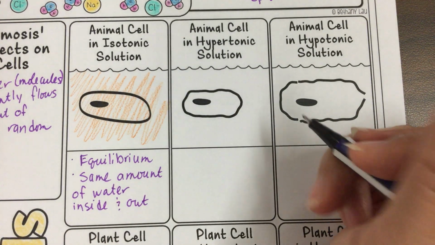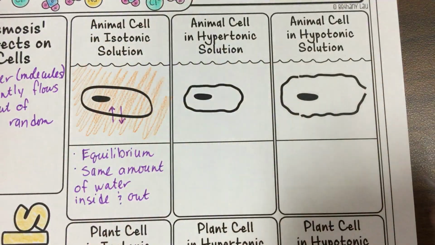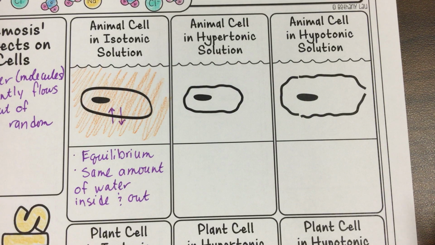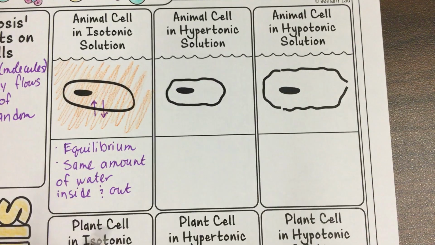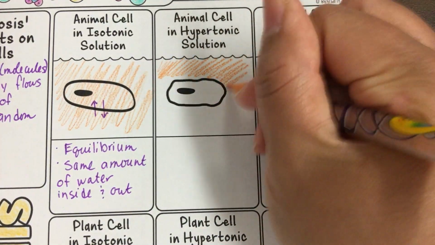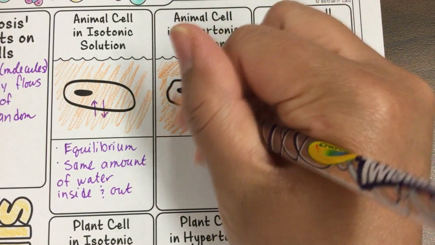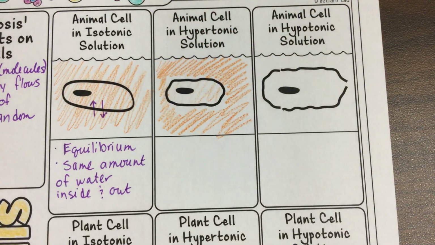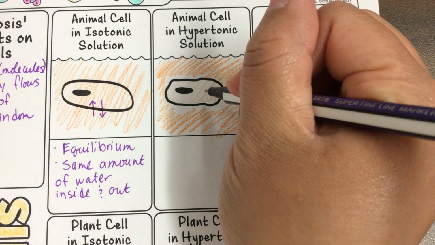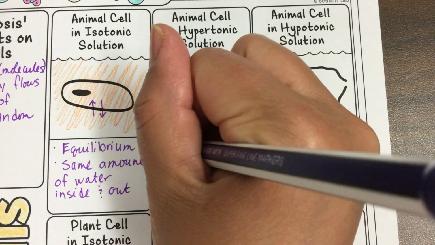And so because of that, my water molecules are going to be moving in and out consistently. So I can also have a hypertonic solution. With a hypertonic solution, essentially what that means is that I have a greater concentration of solutes outside my cell than I do inside. So because my cell is more diluted, water is going to flow out of the cell.